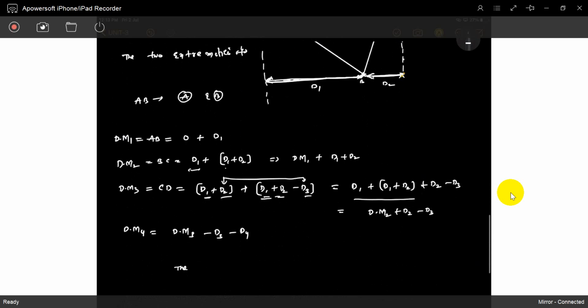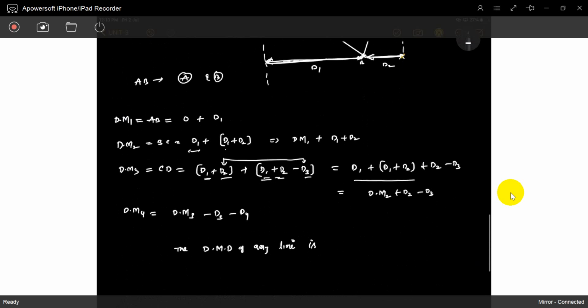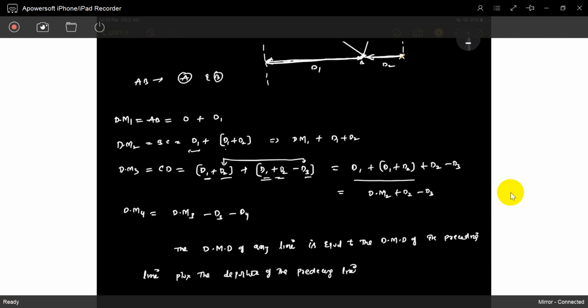The double meridian distance of any line is equal to the double meridian distance of the preceding line, understood, the preceding line, plus the departure of the preceding line plus the departure of the line itself.